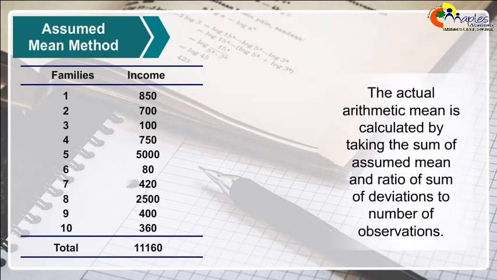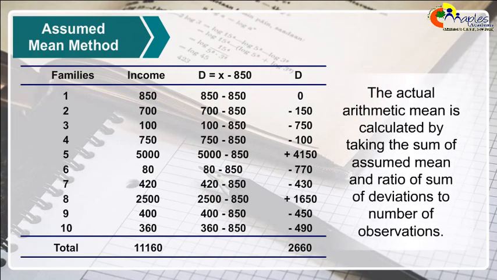The actual arithmetic mean is calculated by taking the sum of the assumed mean and the ratio of the sum of deviations to the number of observations.